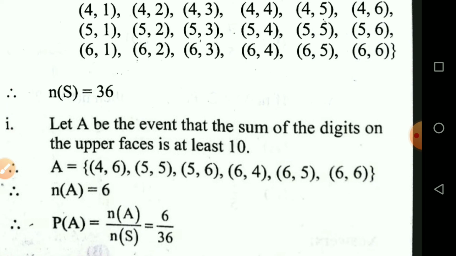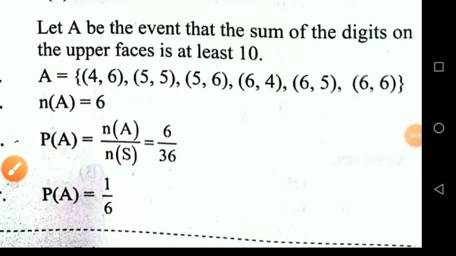Let A be the event that the sum of the digits on the upper faces is at least 10. A is equal to {(4,6), (5,5), (5,6), (6,4), (6,5), (6,6)}. In all these cases, the sum is at least 10. Number of A is equal to 6.